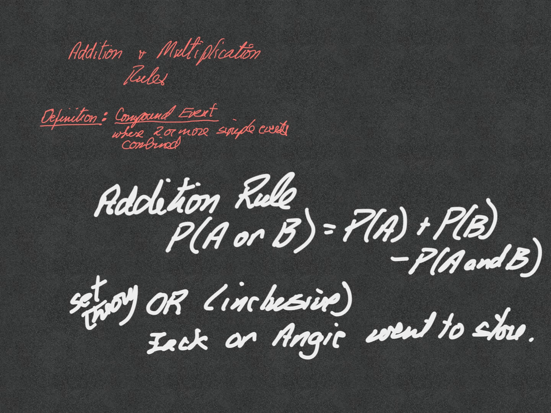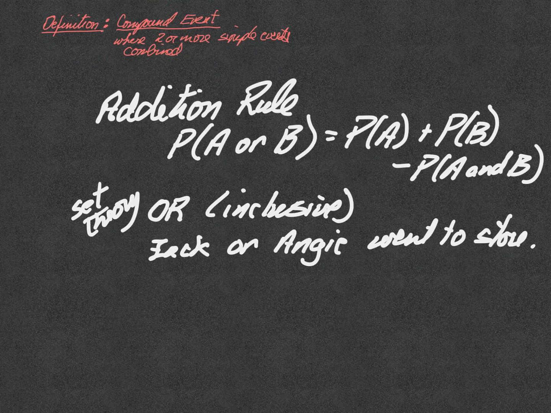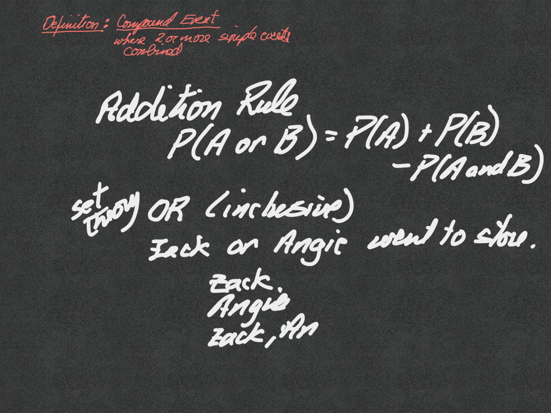Then there are really three meanings to that. The first meaning is Zach went to the store by himself. The second meaning is Angie went to the store by herself. And the third meaning is Zach and Angie went together. And so that's what we mean by an inclusive or.